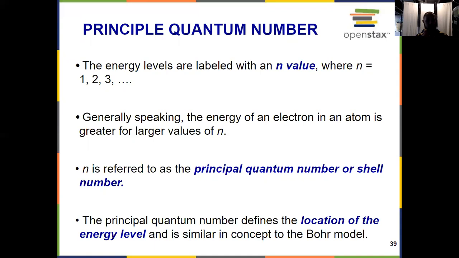Okay, the larger the value of N, the higher the energy of the electron. Okay, so as N goes up, the energy increases as well. Okay, again, N is known as the principal quantum number.